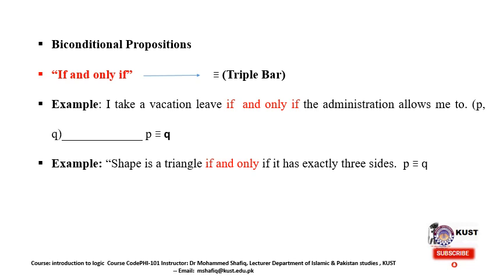So the shape is a triangle if and only if it has exactly three sides. That is a biconditional statement.